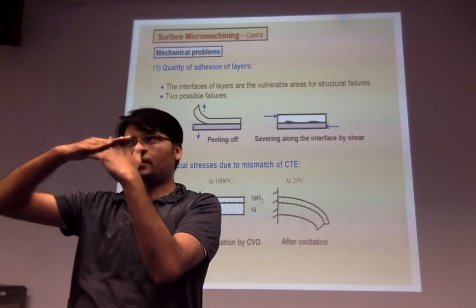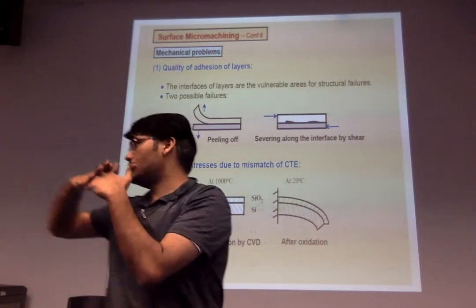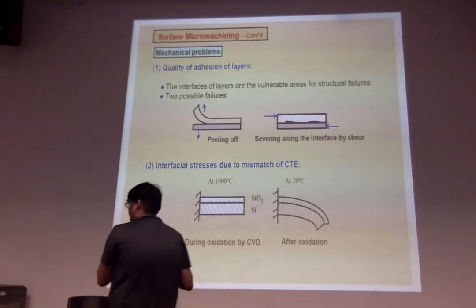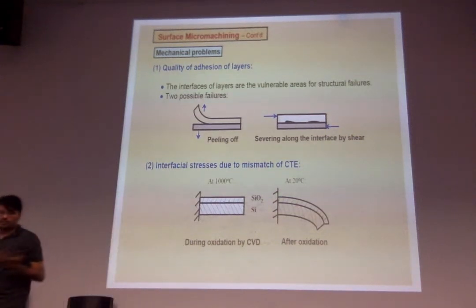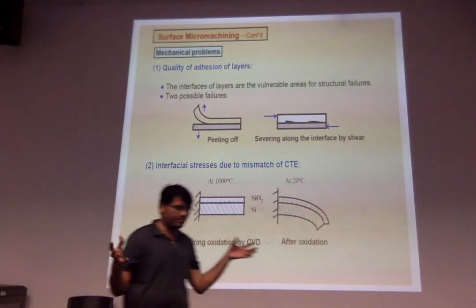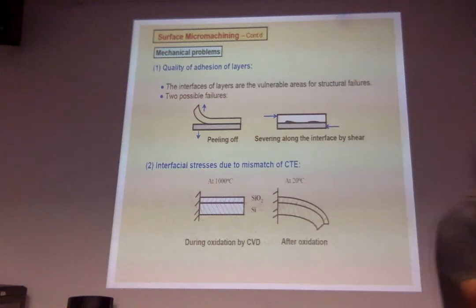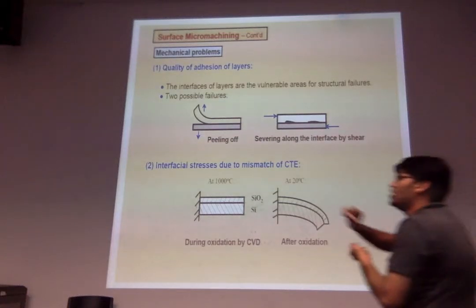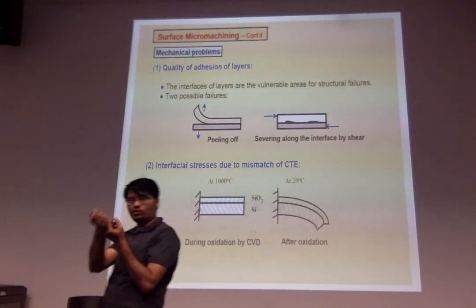When they are attached like this, there is a mismatch that can happen. Generally, if there are two dissimilar materials, when you try to bond, they may not always stick very well. That's the nature. That means there will always be some adhesion problem, and some places can peel off.